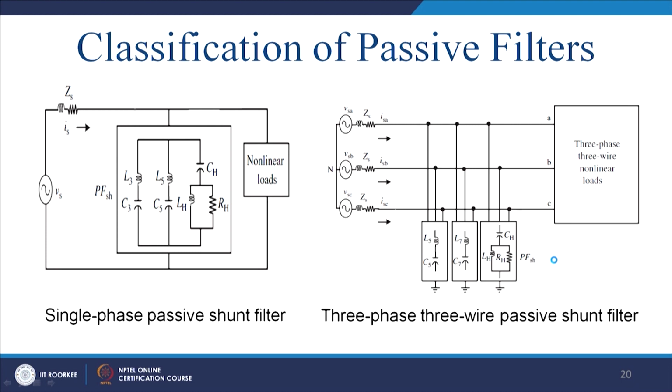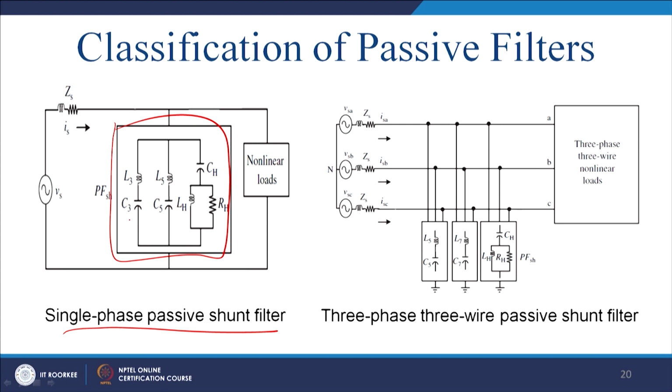Now, this is one of the examples of the single phase passive shunt filter. So, here this is your source impedance, and you can see that this is the block, inside it you have put that filter.